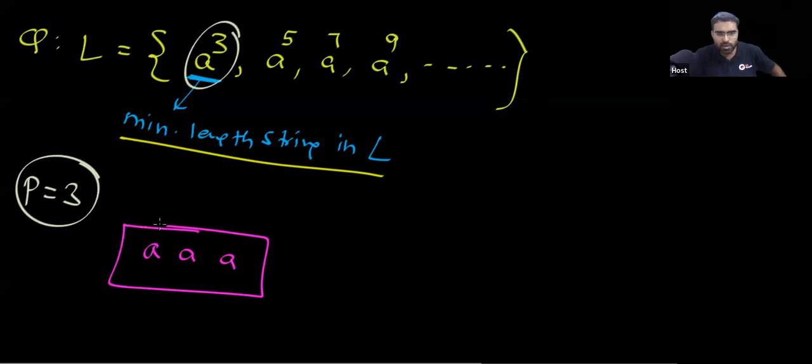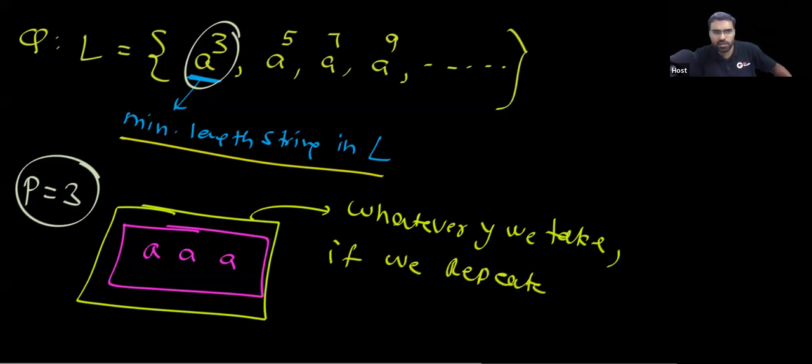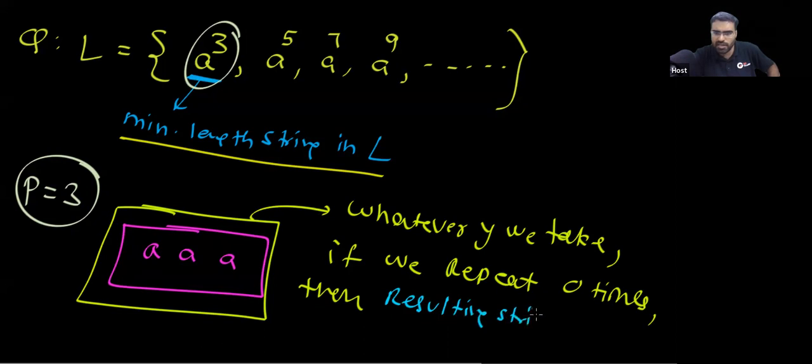Are you getting my point? Whatever y we take, if we repeat it 0 times, the length of the resulting string will be less than 3.